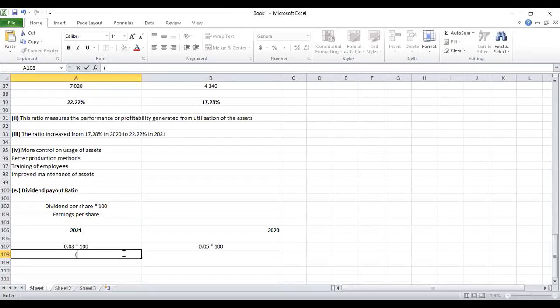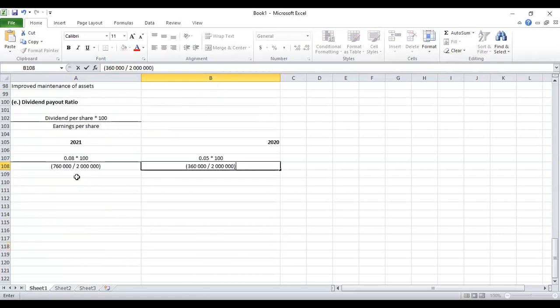Make sure that you use brackets, my friends. So we're dividing by 2 million so that we can find how much it is per share. We do the same on the other year. That's 360. What do you get?